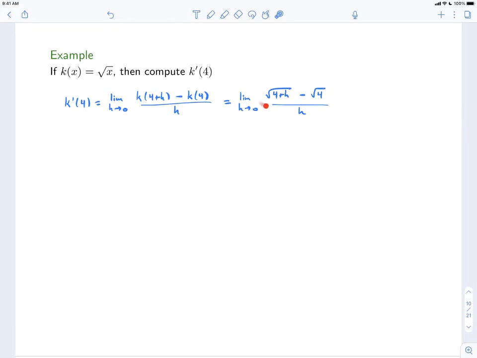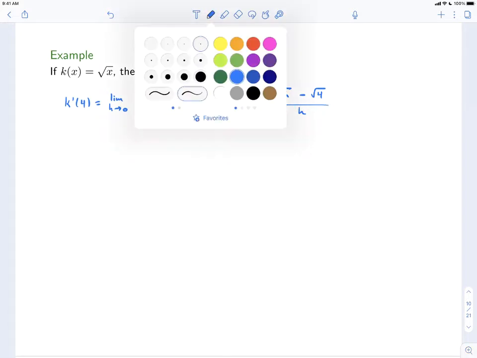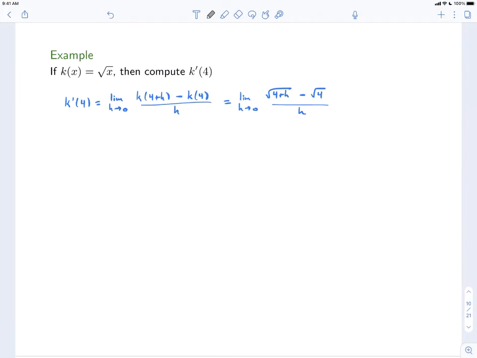And the way that we're going to do that is by getting rid of these radicals. So we're going to multiply by the square root of 4 plus h plus the square root of 4, divided by the same thing; if you multiply it in the numerator, you have to multiply it in the denominator as well. The whole reason you want to do this is you're setting up a difference of squares in the numerator.